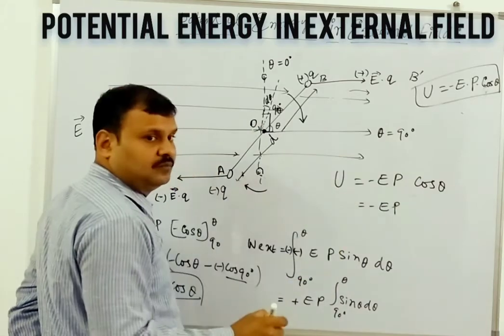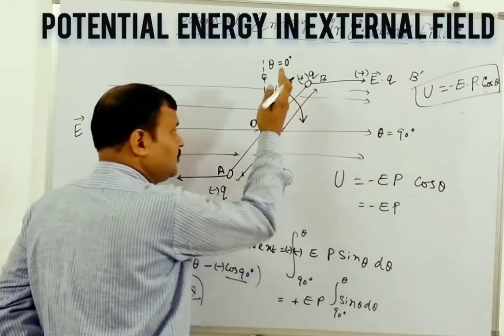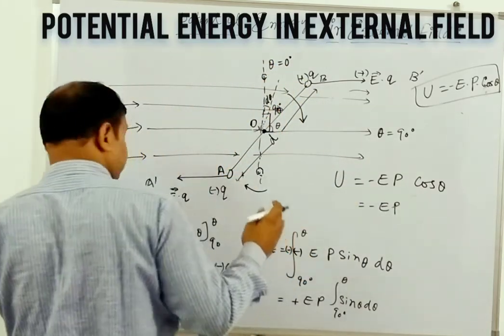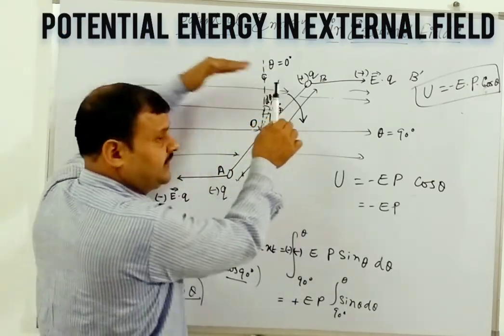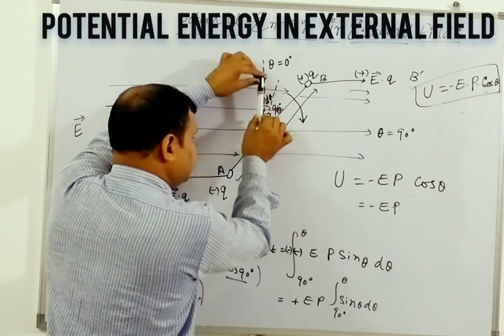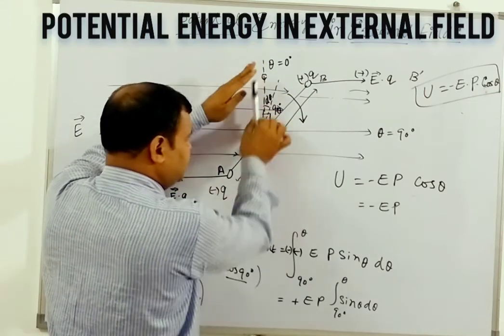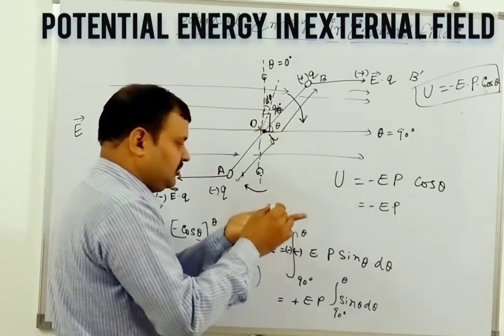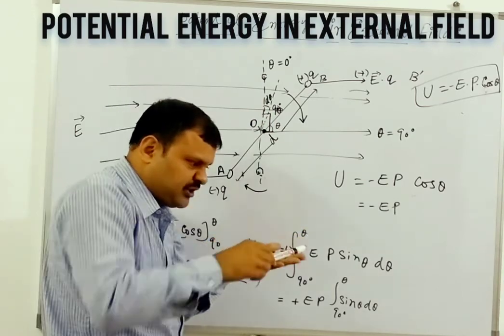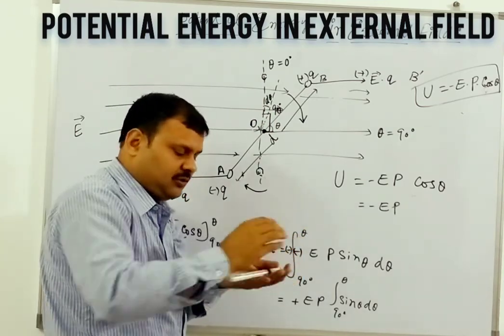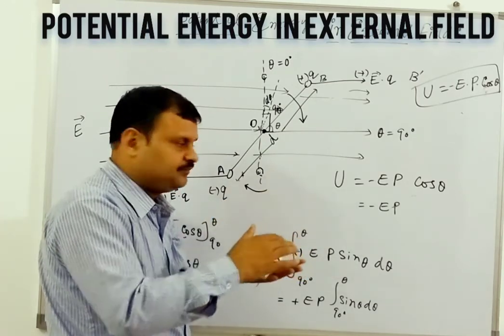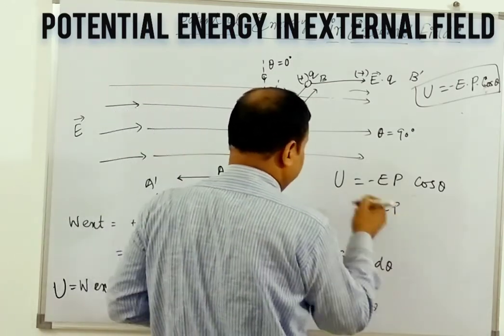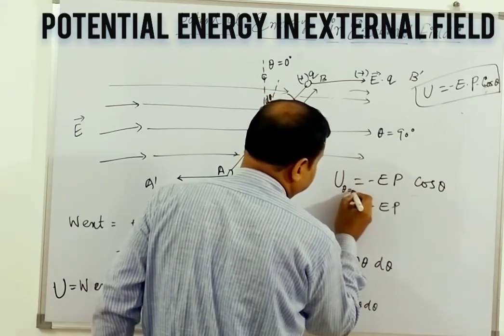The electric field will start pushing, but if you want to keep the dipole intact by an external force, the potential energy will be maximum. So this is minus EP at theta 0.